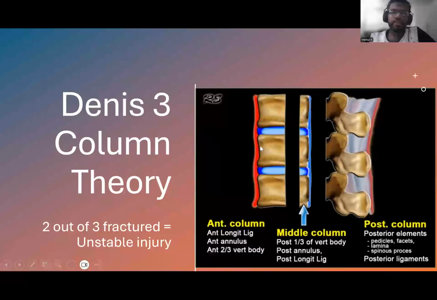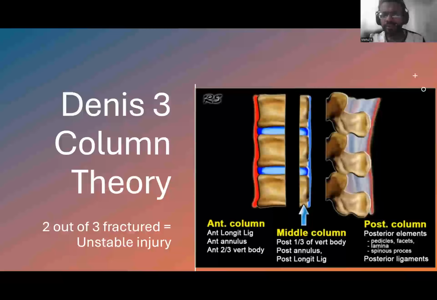Your anterior column is the anterior two-thirds of the vertebral body, the intervertebral disc, and the anterior longitudinal ligament. Middle column is the posterior part of that: the posterior one-third of the vertebral body, intervertebral disc, and the posterior longitudinal ligament. And your posterior column is your posterior elements that we spoke about earlier in the anatomy section: the pedicles, facets, lamina, spinous process, etc., as well as the various posterior ligaments.